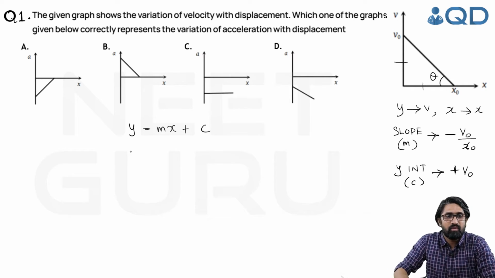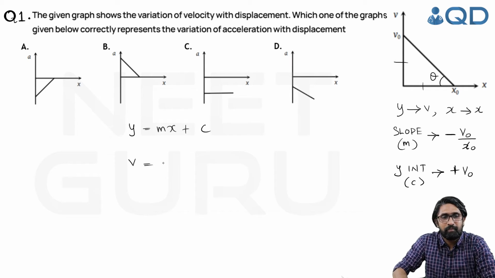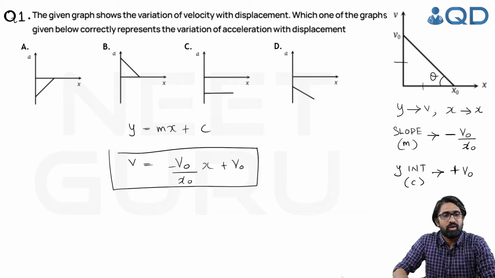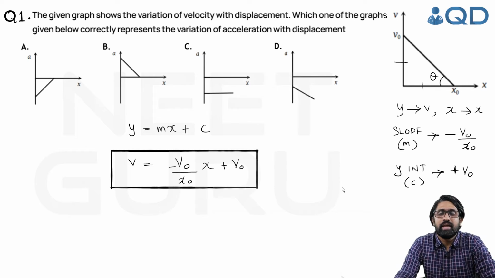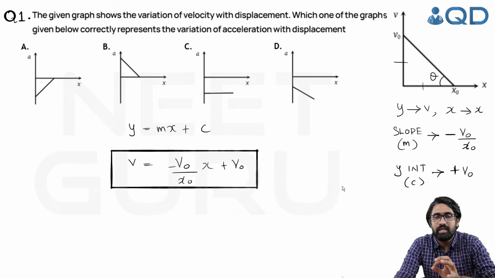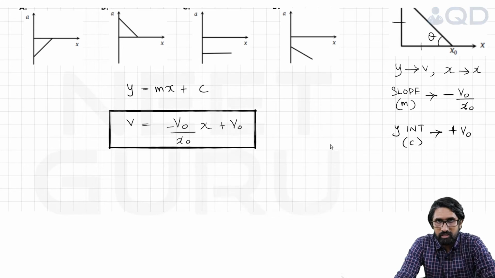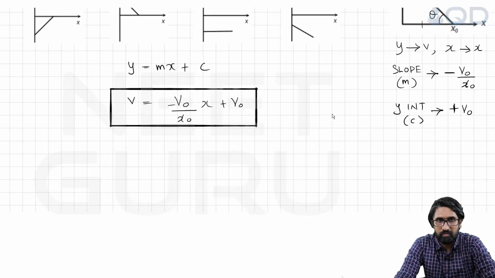In this case, we can write v instead of y, and minus v0 by x0 instead of m, which we have figured out already, and then we have x plus the y-intercept c is v0. So this equation here gives us an expression for velocity in terms of displacement, which is exactly marked in the graph given. And we know that if I take the derivative of velocity, we get acceleration.